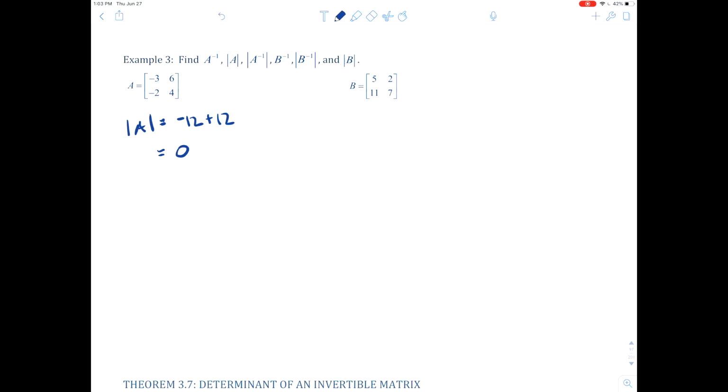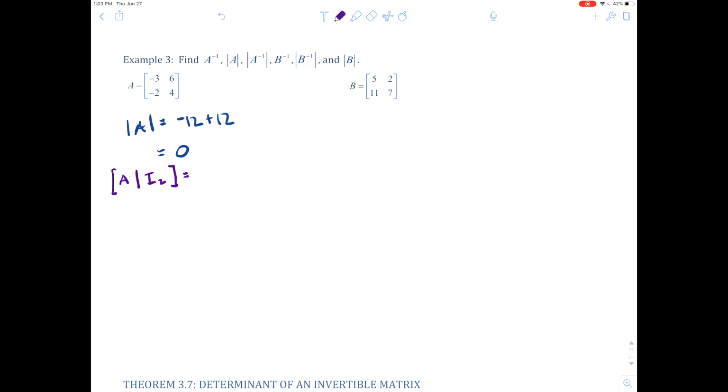Well, let's see. We've got this 0 determinant, and so what's going to happen with the inverse, you think? Well, I don't know. Let's check it out. That might be interesting, right? So A inverse, to find that, what would we do? We want to do A and then I2, because we have a 2 by 2.